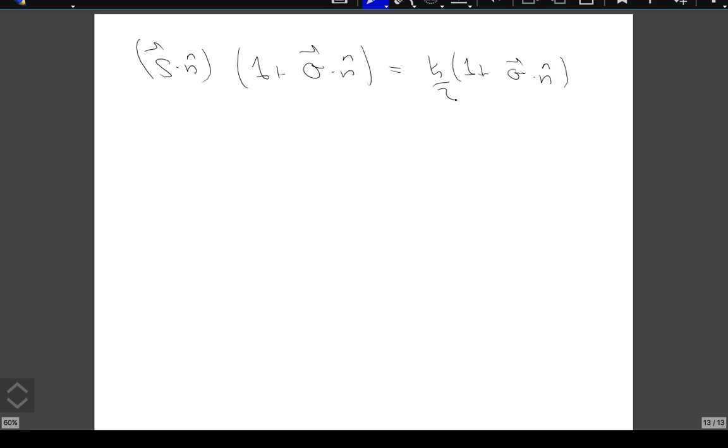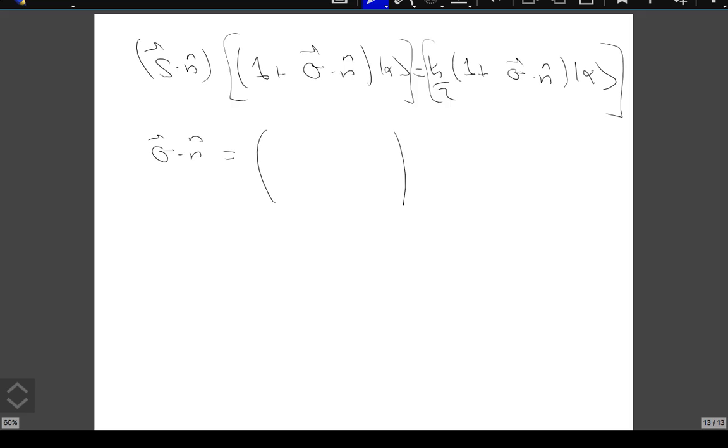So this is a nice operator: if I multiply S dot n with it, I get the same operator times h bar over 2. The same holds if I multiply it with some ket also. So there is one eigenket of S dot n.